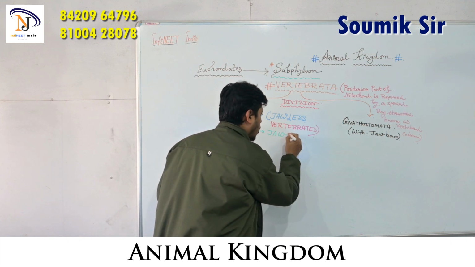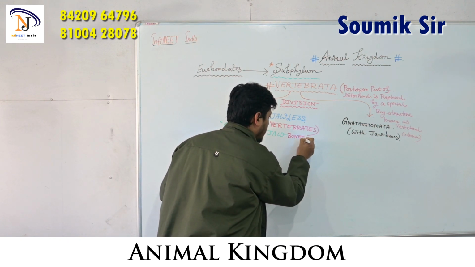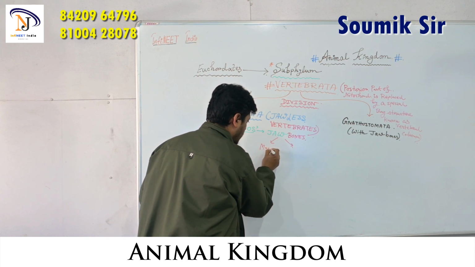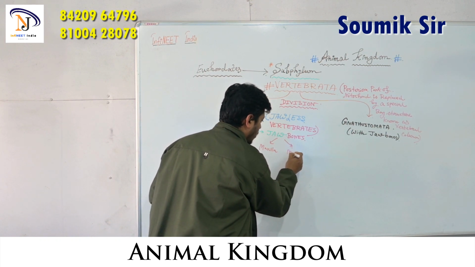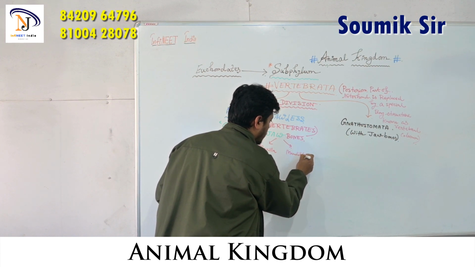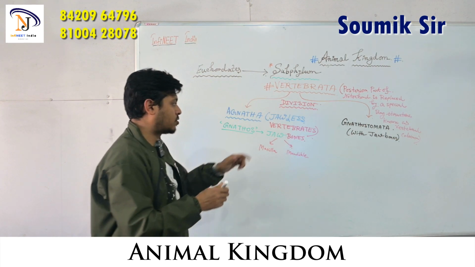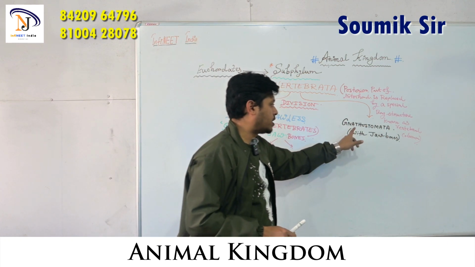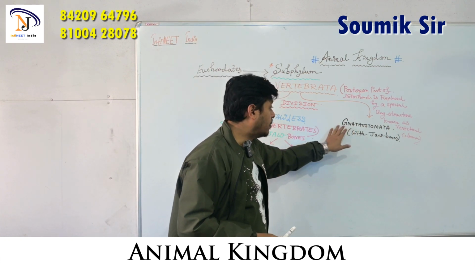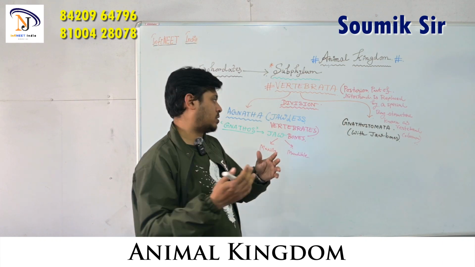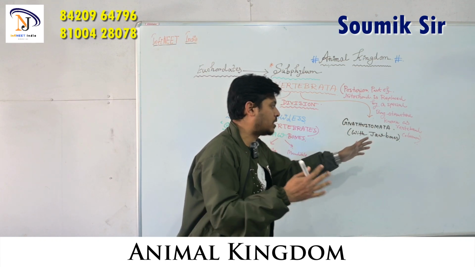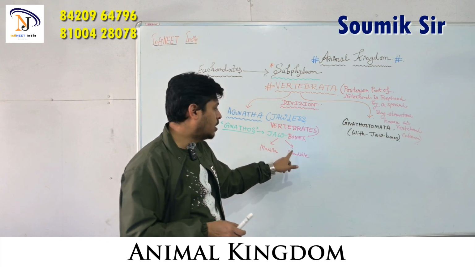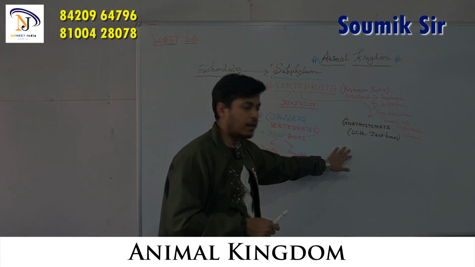Jaw bones are mainly of two types: upper jaw maxilla and lower jaw mandible. Both are absent in agnatha or jawless vertebrates. The other division is gnathostomata, meaning presence of jaw bones, that is, presence of upper and lower jaw, maxilla and mandible.